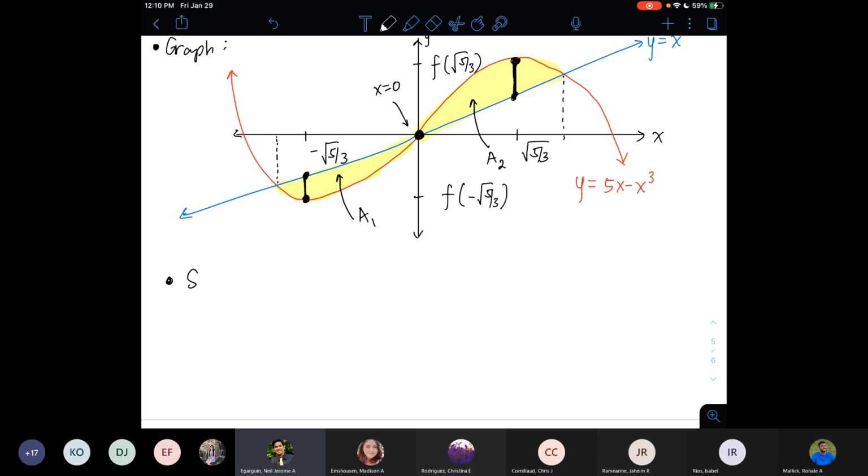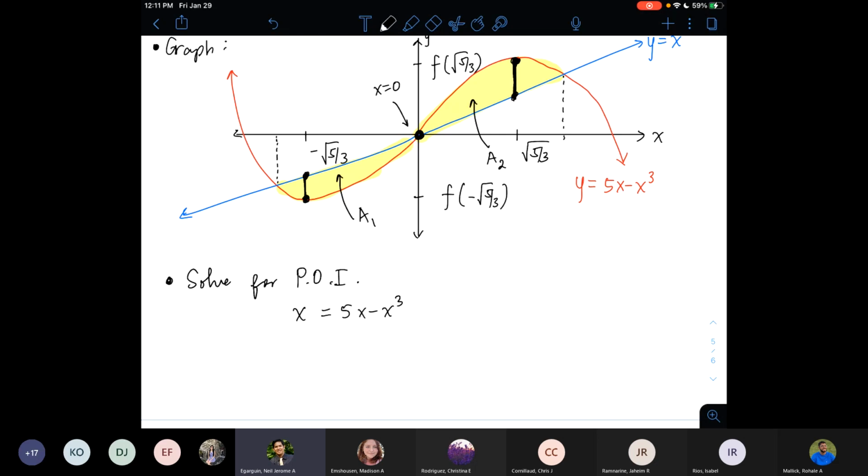I need to solve for the points of intersection, the second step after sketching the graph. Okay. Now, how do you solve for the points of intersection? Well, you just need to equate the two functions together. So the first function is y equals x, the other function is y equals 5x minus x cubed, I'll just put them equal to each other, to find the x value where their y values coincide, all right?